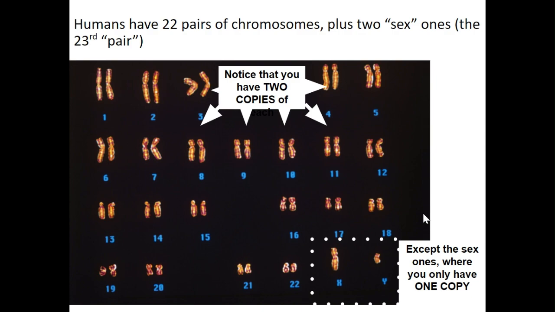Okay, so each human is going to have 22 pairs of chromosomes plus an additional sex chromosome pair, so 23 total. 46 if you add them all together, assuming that you have 2 copies of each chromosome, which is generally the case, but not always.